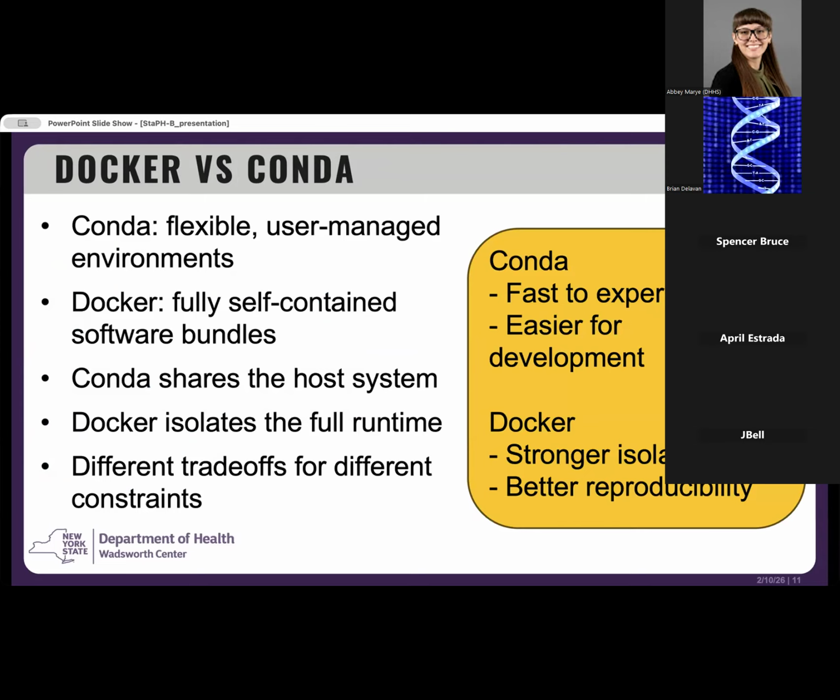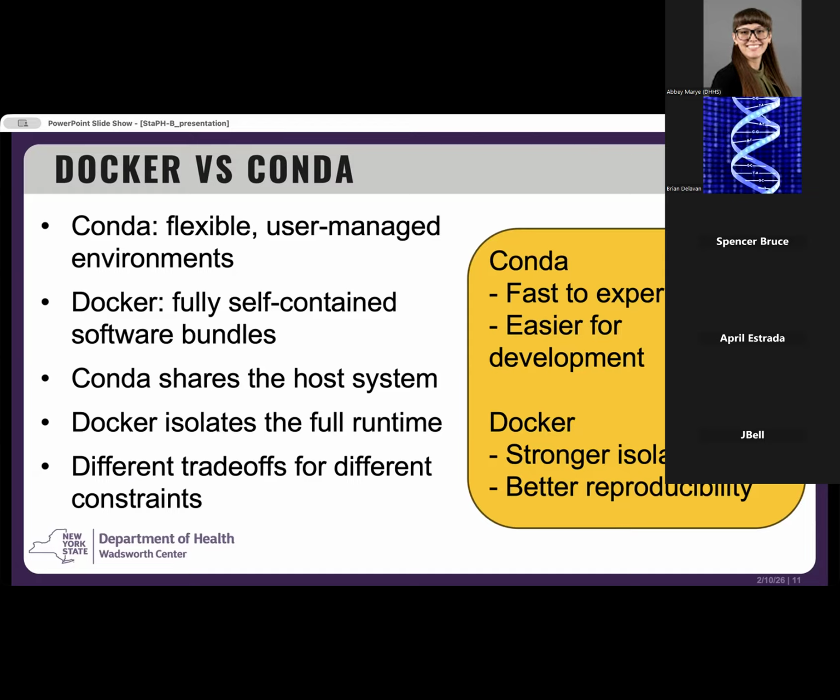Conda is fundamentally about flexibility. It lets individual users create and manage their own environments without needing special system permissions. No admin privileges needed. And that might be your only option, depending on your IT department, right? That also makes it very fast to experiment, especially during development or exploratory analysis.